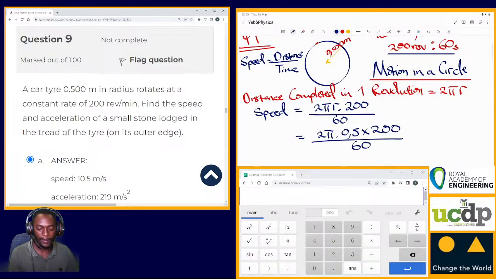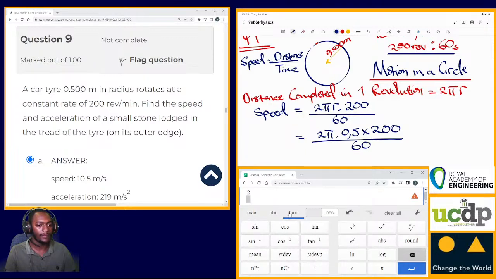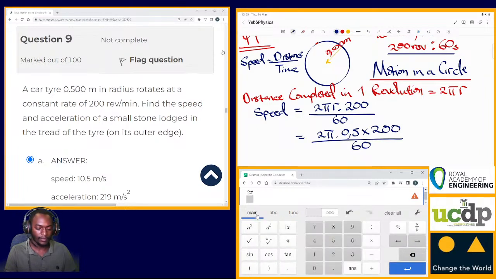And then what remains is for us to punch in. Now let's do the punching in. We need a fraction there, so that is going to be 2 pi times 0.5 times 200 all over 60.